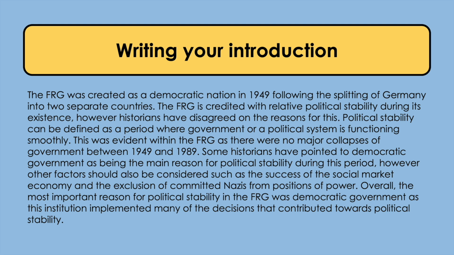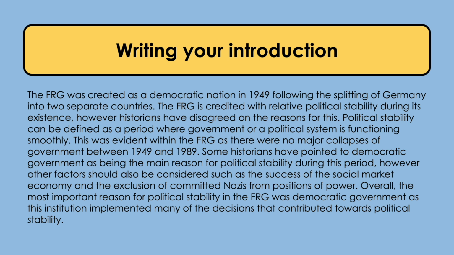Political stability can be defined as a period where government or a political system is functioning smoothly. This was evident within the FRG as there were no major collapses of government between 1949 and 1989. Some historians have pointed to democratic government as being the main reason for political stability during this period.